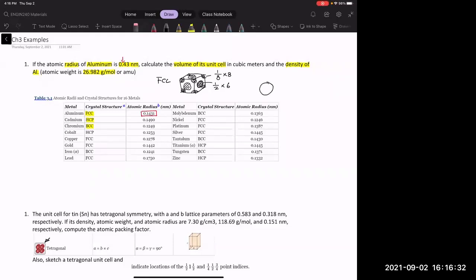If you have 4 atoms as the bottom layer, then the upper layer will sit in the cave in between these atoms.